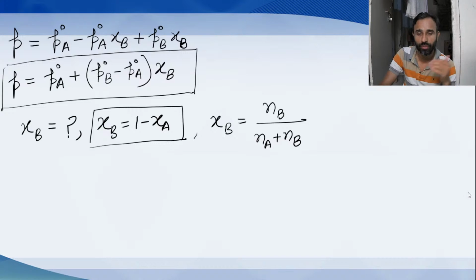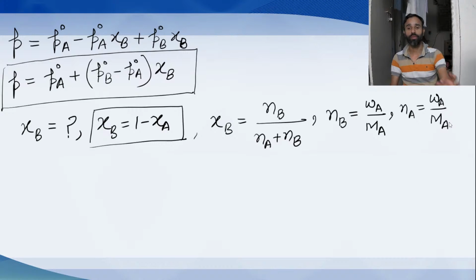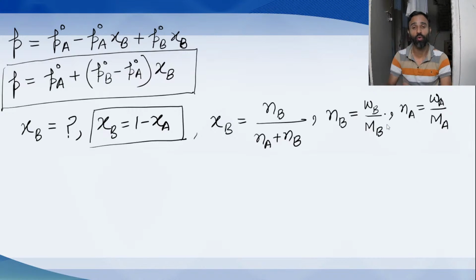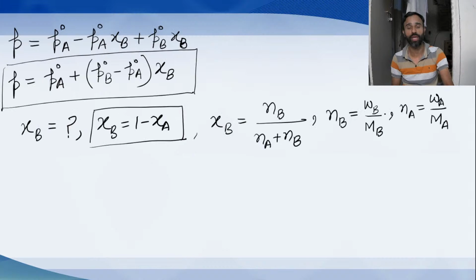So we further solve it. NA is WA over MA, and NB is WB over MB. Now WA and WB are given to us. P naught A, P naught B are given, WA, WB are given. So what is not given? That is MA and MB.